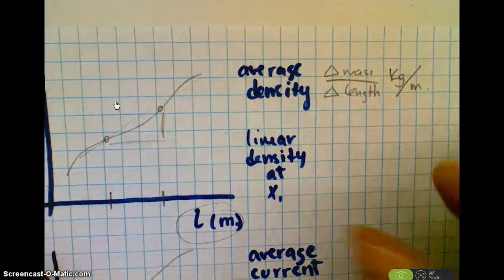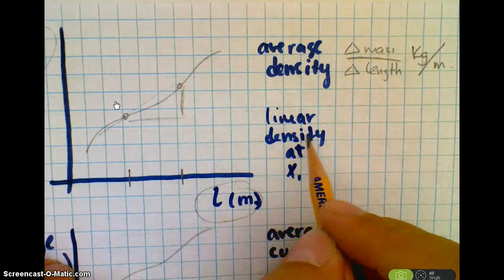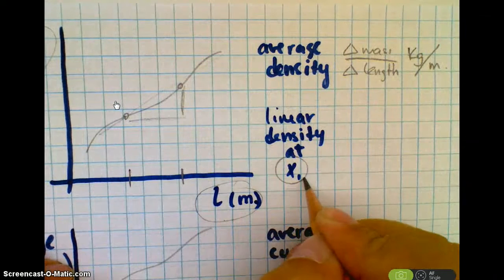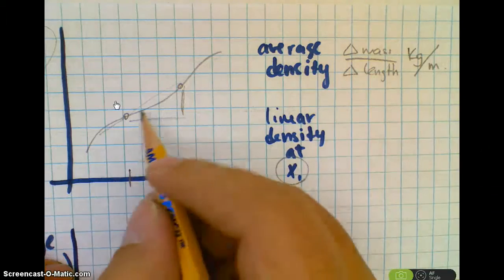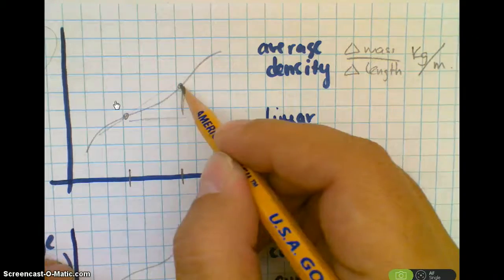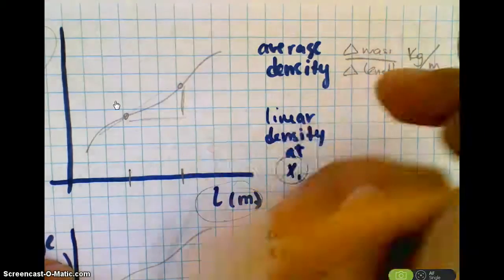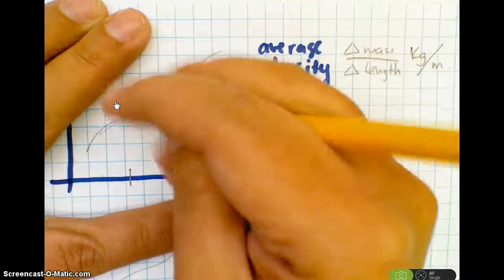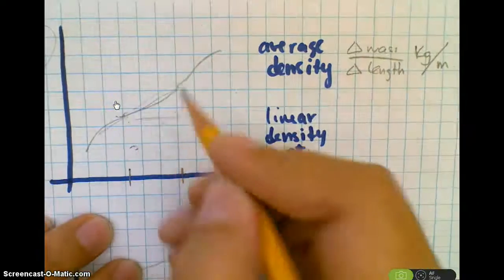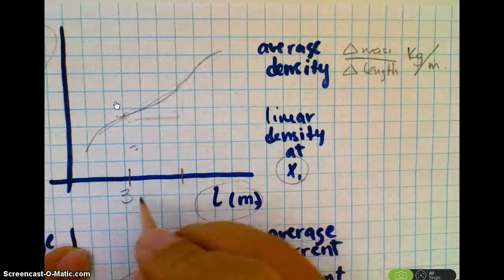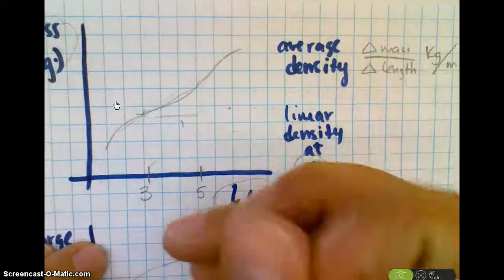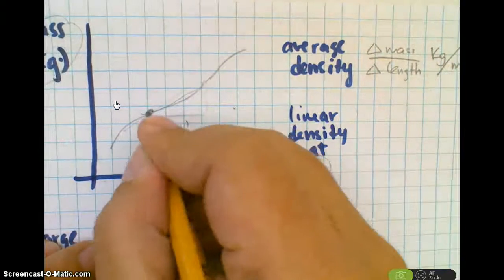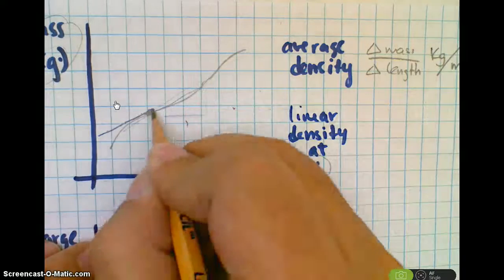But the interesting thing is that we can find the linear density at some particular position on a wire, so we don't need the measurement for 2 points, we just need the measurement for 1 point. So I don't want to know the average density between meter number 3 and meter number 5 in a wire. I can just look at what happens at the third meter on a wire.